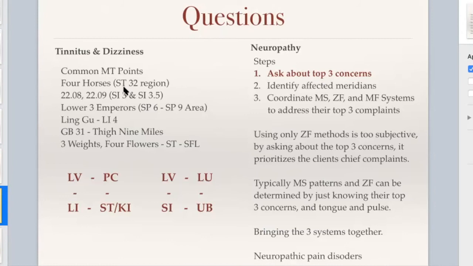I'm talking to them about their top 3 concerns, asking a few questions, and at the end of that, I know exactly what 3 points I want to use, because I've integrated all 3 of those systems: the classical systems, Tung stuff, and myofascial anatomy. That's what will allow you to use fewer points and get better results when you're totally fluid in all of those, and you take that back to their top priorities, the top 3 concerns. Okay, so I hope that's clear.